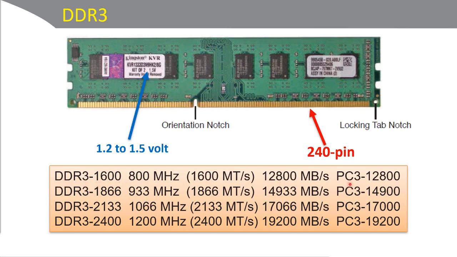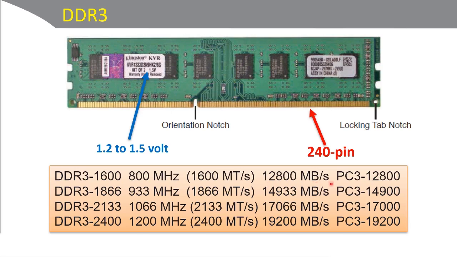DDR3-1600 is also known as PC3-12800. And so the 1600 in the name here tells us how many mega transfers it does per second. And in this name, we see basically the peak data transfer rate, which is 12,800 megabytes per second.